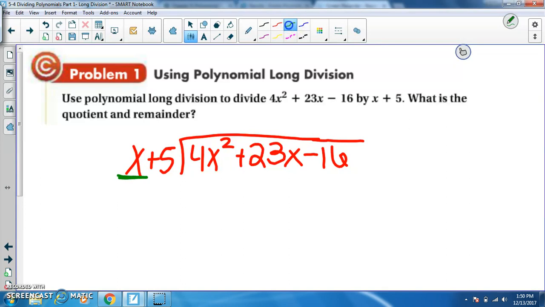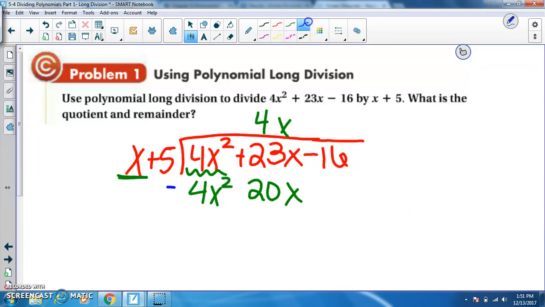What do we need to multiply x by to get our first term, which is 4x squared? And that would be 4x. We're going to line up our powers, and now we're going to multiply 4x times x plus 5. So 4x times 5 is 20x, and 4x times x is 4x squared.